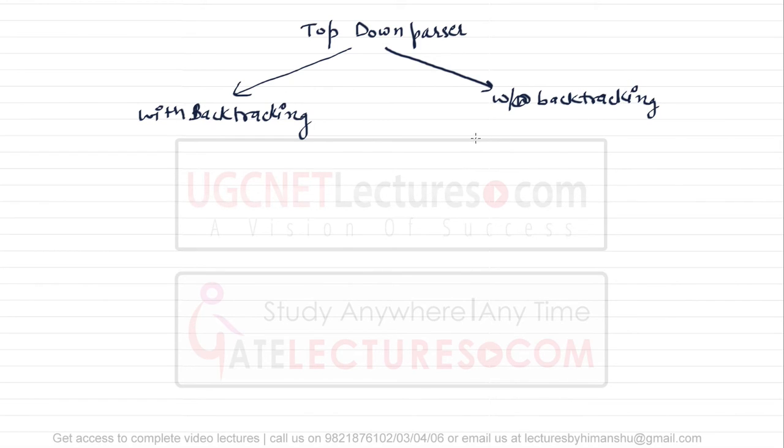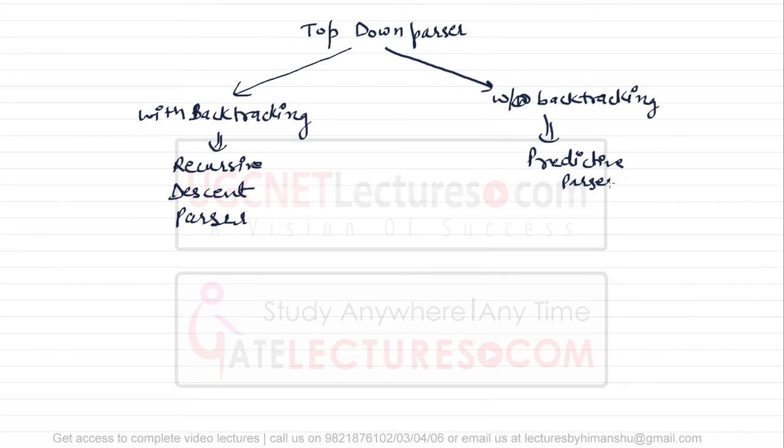The parser with backtracking is called a recursive descent parser, and the one without backtracking is also called a predictive parser. An example of the predictive parser is the LL1 parser, which is a non-recursive descent parser.